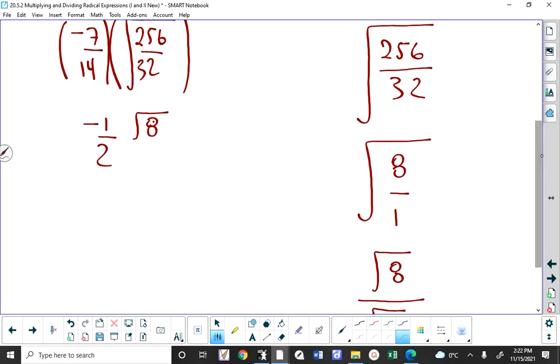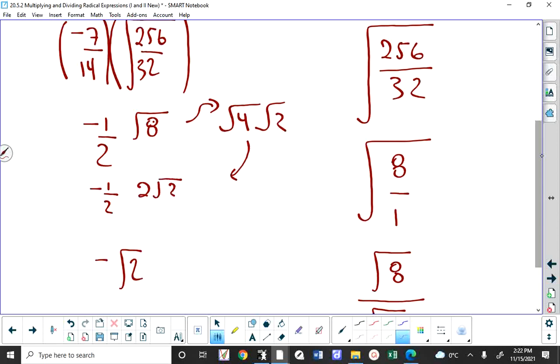I am really curious here. How many of you see that this is equal to negative root 2? Okay, because you're not done. You have the negative 1 over 2, and then you have to simplify root 8. Well, root 8 is root 4 root 2, which is 2 root 2. And again, look where I wrote that.